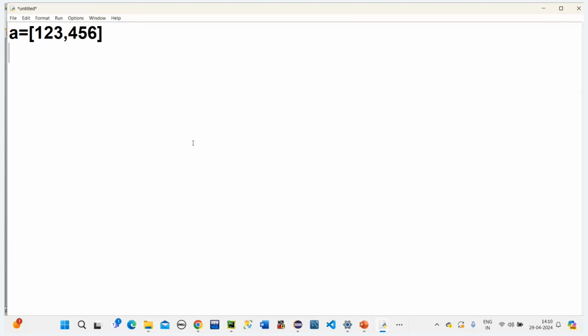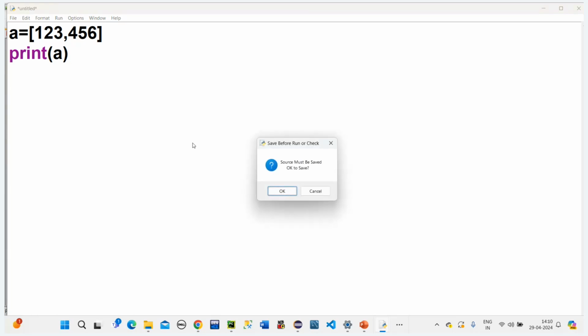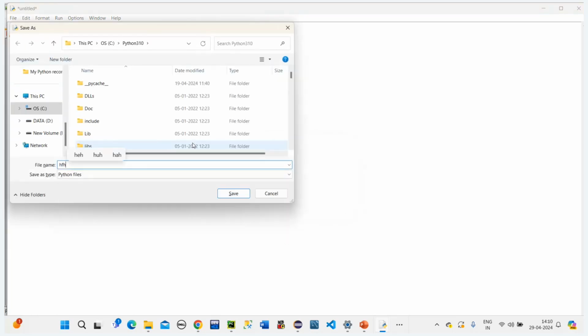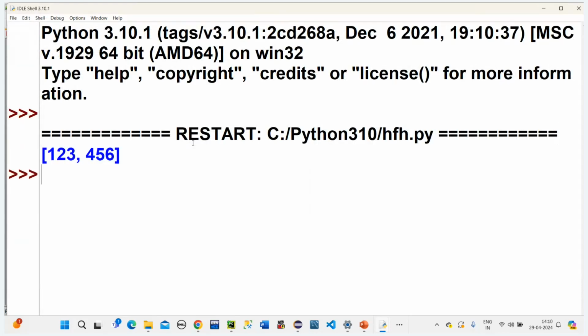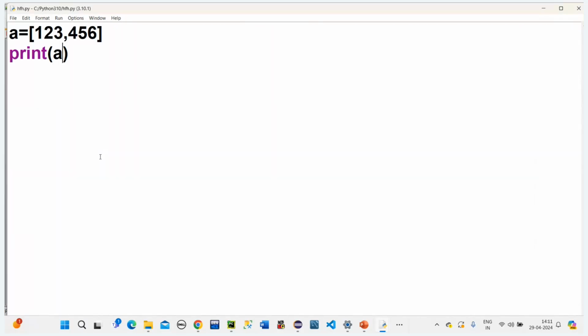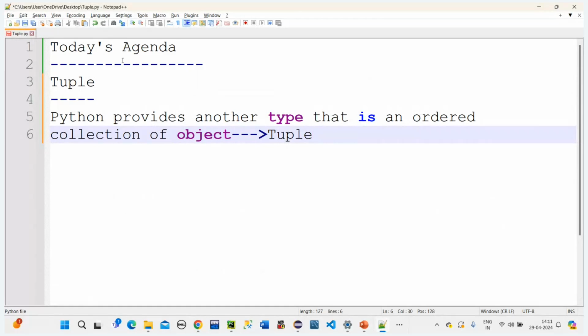Now print a and execute it. Whatever I have written, the same thing I get. This is called ordered. In the same way, if I write it as a tuple, it is the same. That is called ordered.